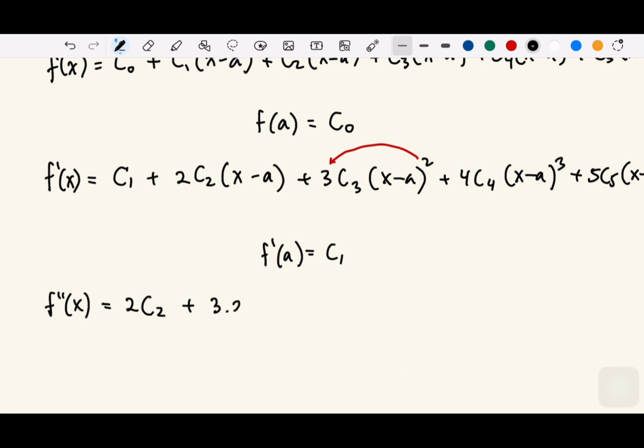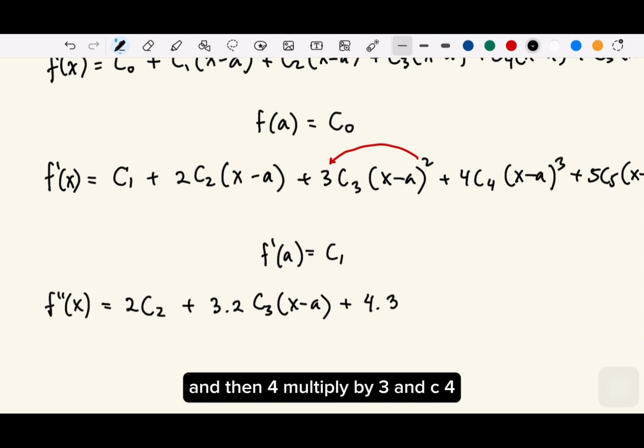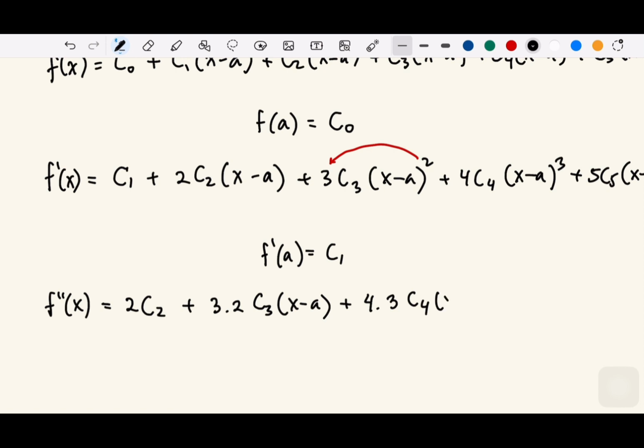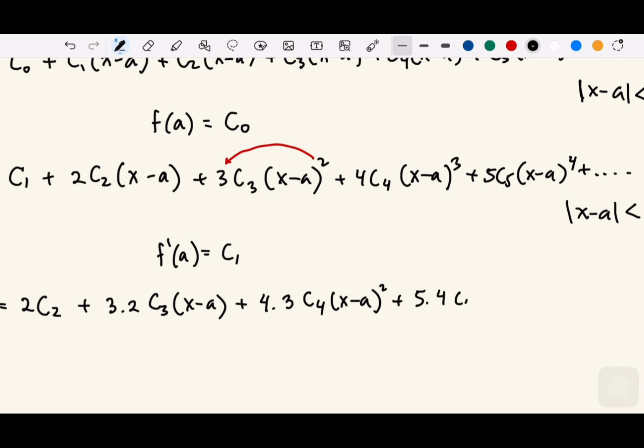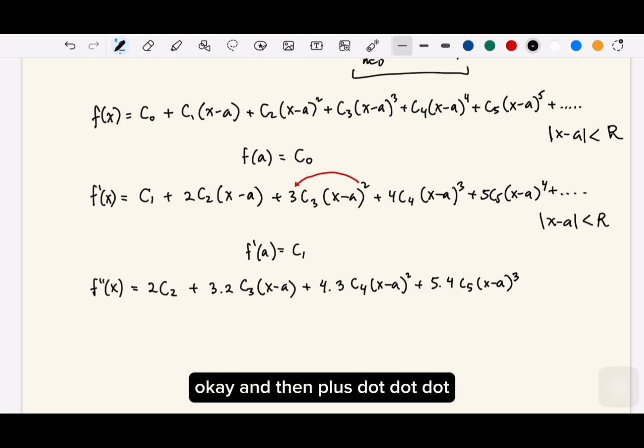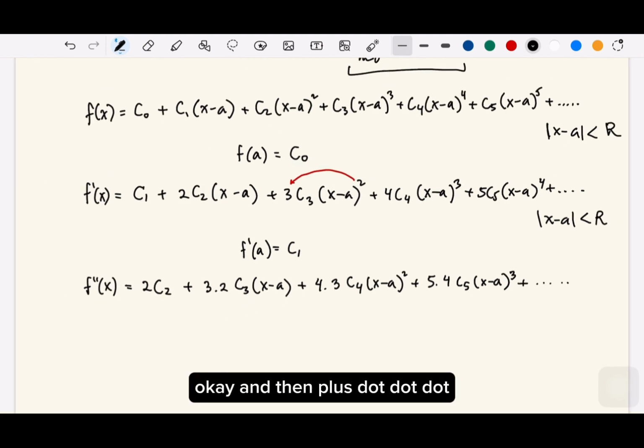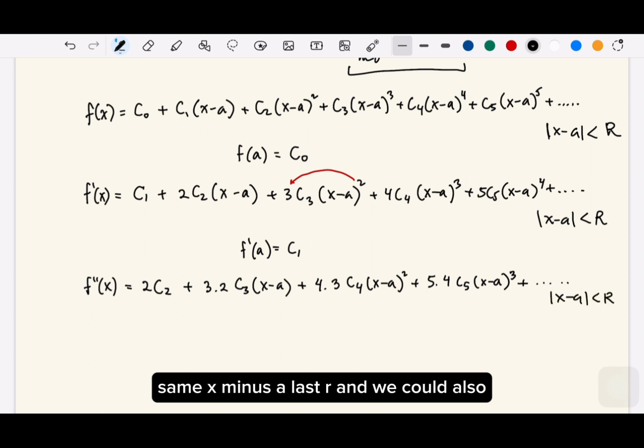Okay, so let's do that, and then 4 multiplied by 3 times c4, and then plus 5, and then plus dot dot dot, same, x minus a less than r.